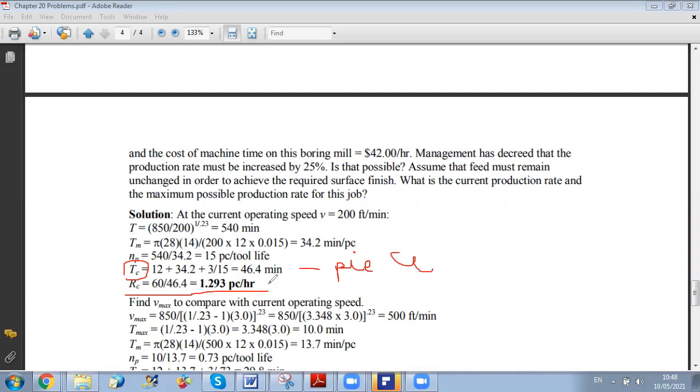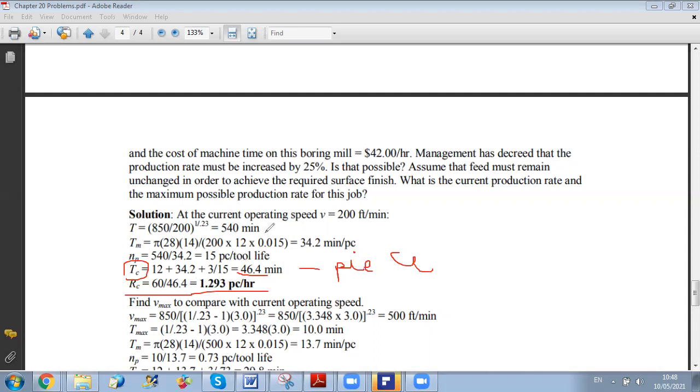Or if you just want pieces per minute, you just do 1 over this value. But in order to get a value higher than 1, because we are talking about number of pieces, we calculate it here in pieces per hour.